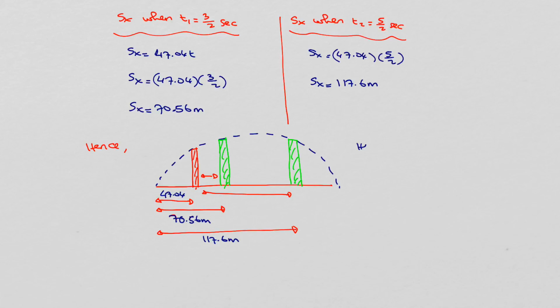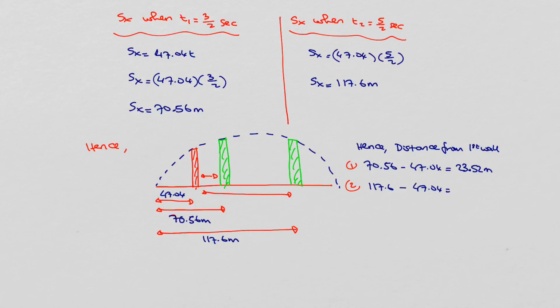So therefore we say, hence, distance from first wall is either going to be 70.56 minus 47.04 meters, which gives us 23.52 meters, or we have 117.6 meters minus 47.04 meters, which gives us 70.56 meters.